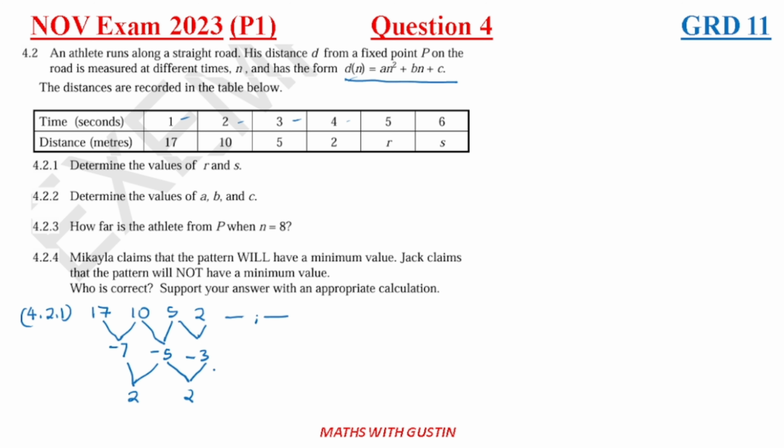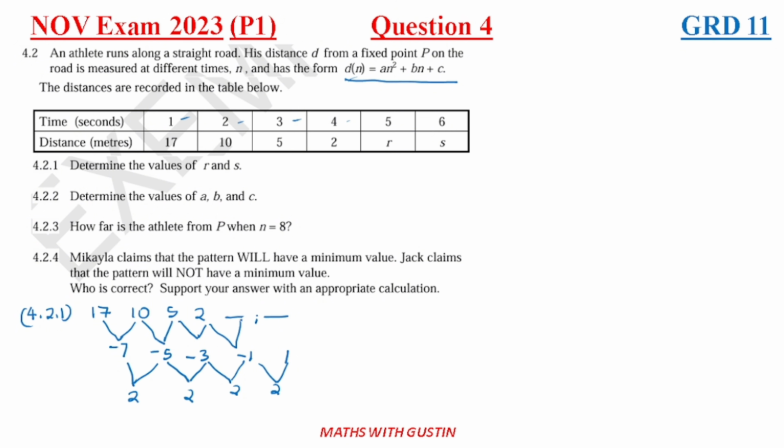Therefore, the next one here will have to be 2 as well, which will give us this number here: 2 plus -3 is going to be -1, and therefore you make another 2 there, which will say 2 plus -1 is going to give us +1. Therefore a similar thing would apply here.